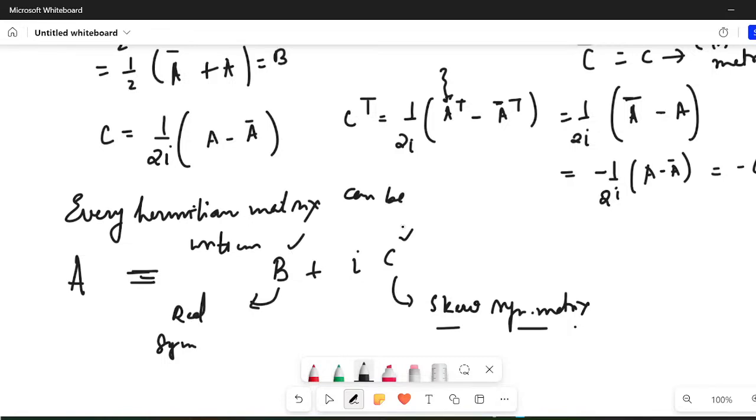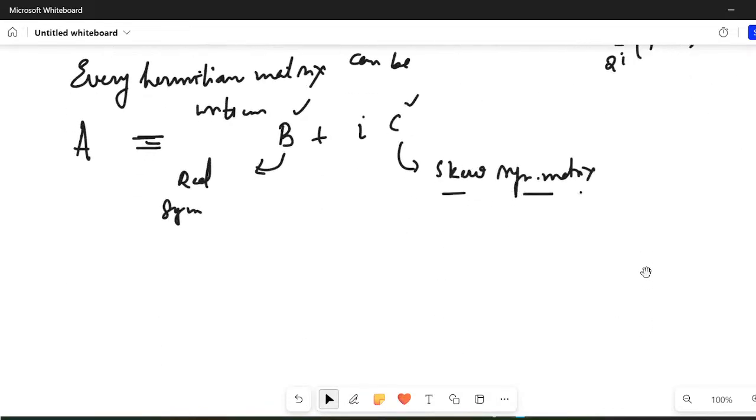In fact, you have studied that every real matrix can be written in terms of a symmetric matrix and an antisymmetric matrix. So similarly, I'm not going to prove it, I'm just writing it for you.